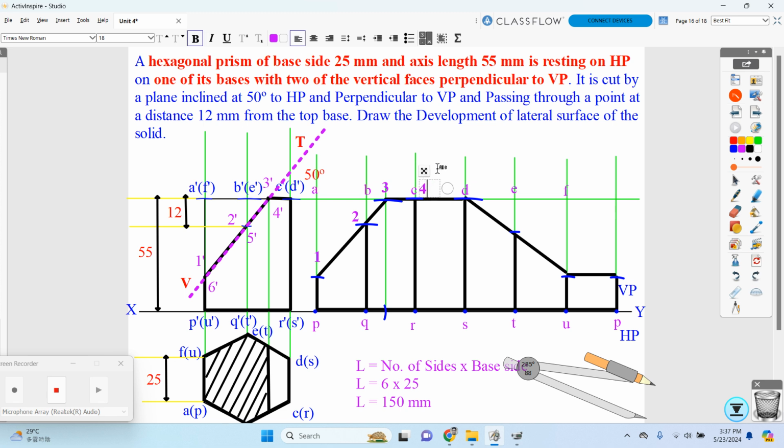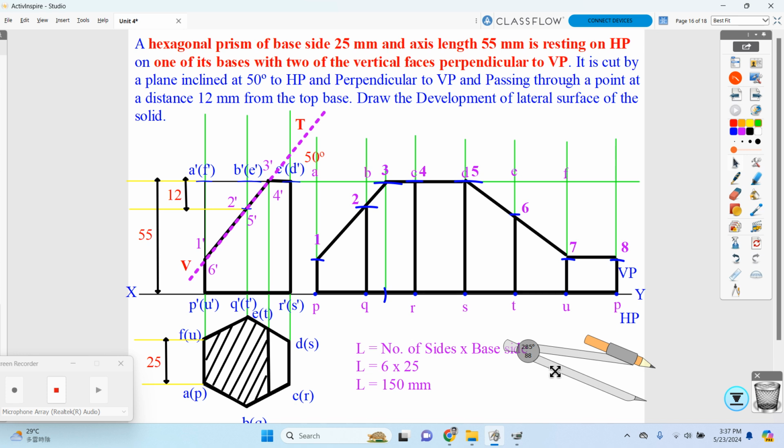Then this is your fifth point, and this is your sixth point, and this is your seventh point, and this is the last one, that is your eighth point. Okay, so this is the drawing completion stage.